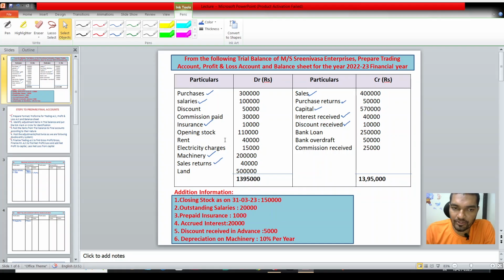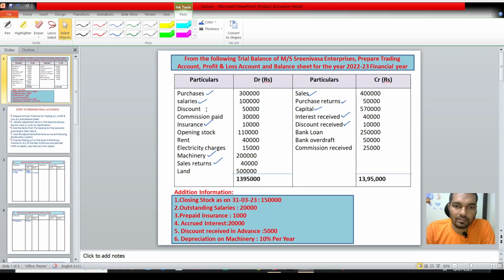It is either a direct expense, shown on the debit side of the trading account, or an indirect expense, shown on the P&L account debit side, or it may be a loss, like bad debts or any kind of depreciation, which will be shown on the debit side only, and assets also will be shown on the debit side only.